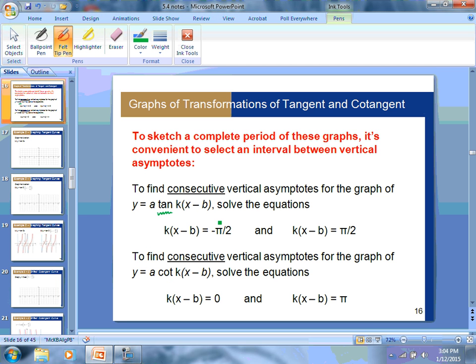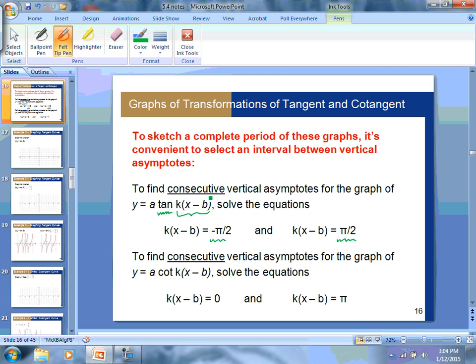Okay, so we're going to take that k times x minus b, that same stuff that we did for a phase shift for the sine and cosine function, but now we're going to set it equal to negative pi over 2 and pi over 2. So that's traditionally where our asymptotes are supposed to be, but now they might shift a little bit depending on the k values and what's being added and subtracted to the b.